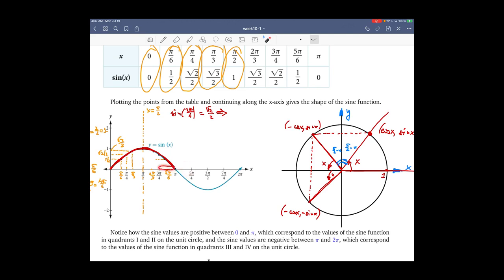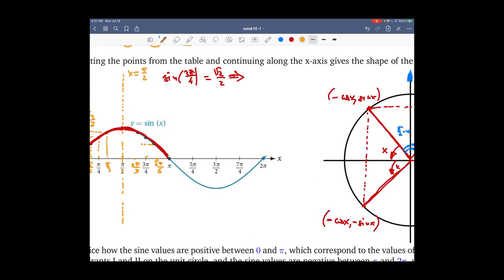This distance is pi minus 3 pi over 4. And that distance is the same. If I step to the right, I will get the point 5 pi over 4. This distance here is, of course, quarter pi. If I step in this direction by quarter pi, I'll get 5 pi over 4, and by symmetry, I will get negative root 2 over 2.